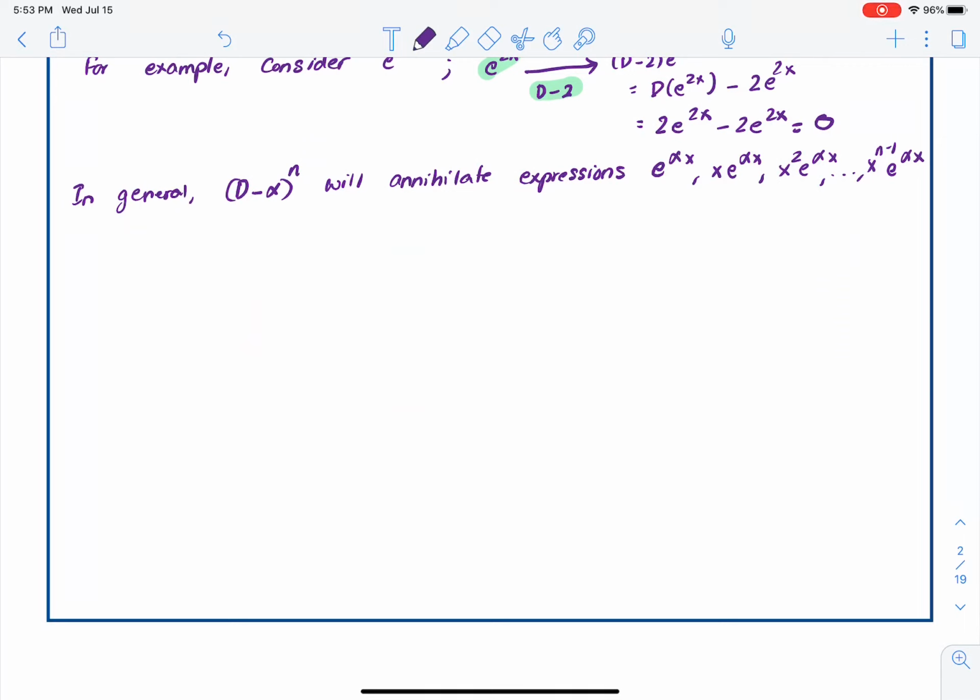Next, we have the complex case where we would have sines and cosines. So trigonometric functions.